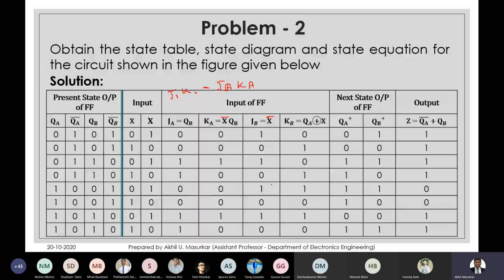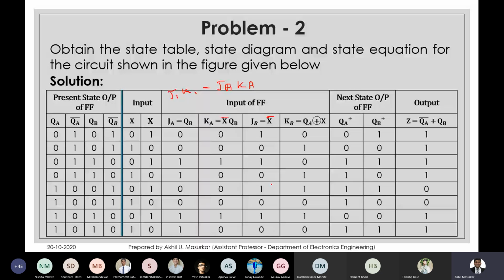That is why whenever I write QA, I also calculate QA bar, and whenever I write QB, I also calculate QB bar. This is logical because QA and QB are the outputs of the flip-flop, and a flip-flop has two outputs, the output and its complement. So we can always write QA and QA bar, that is absolutely not a problem.